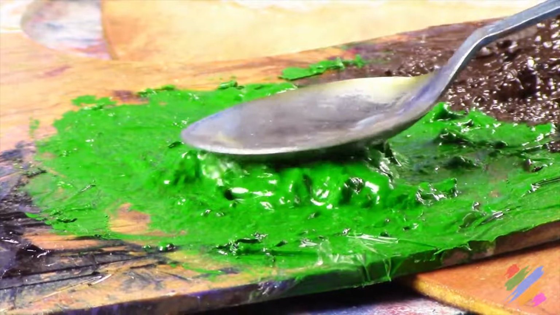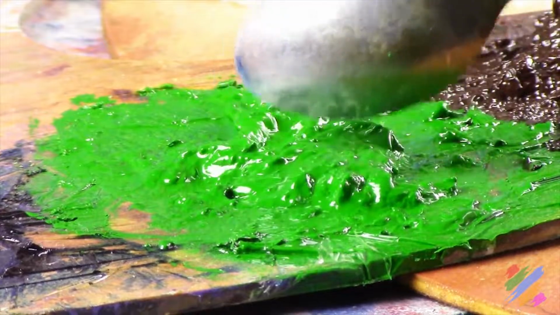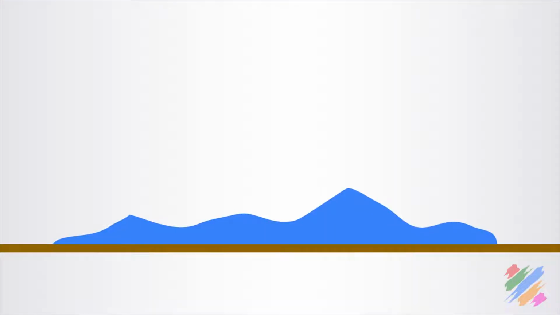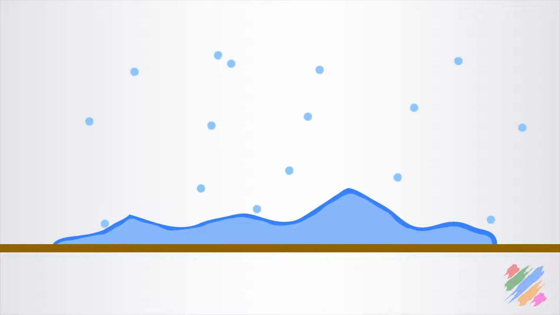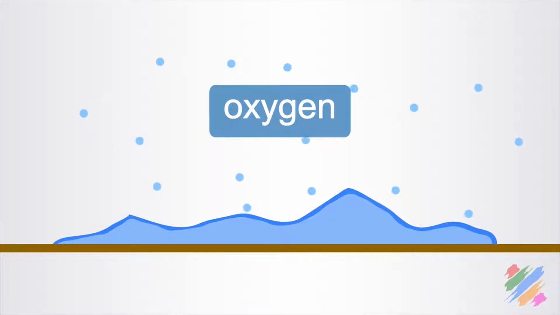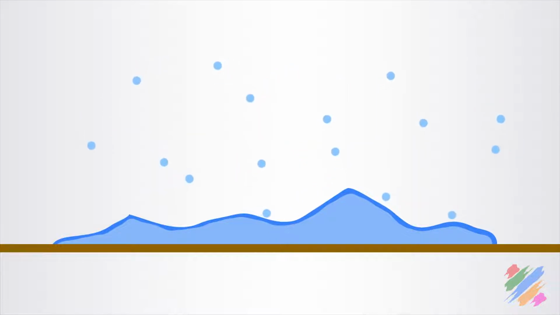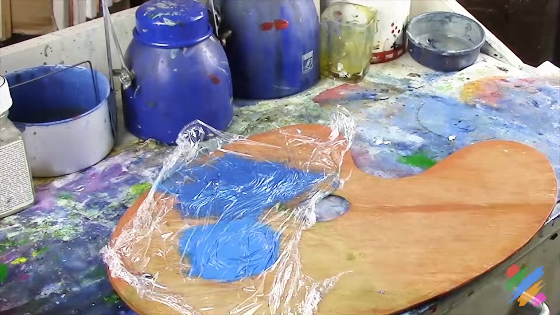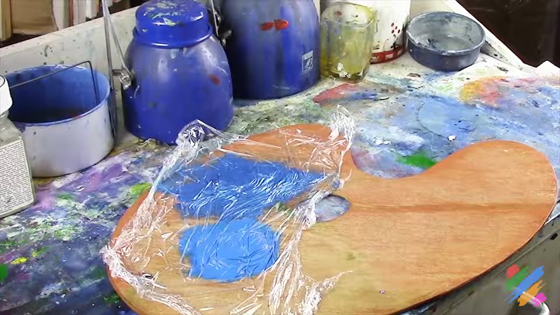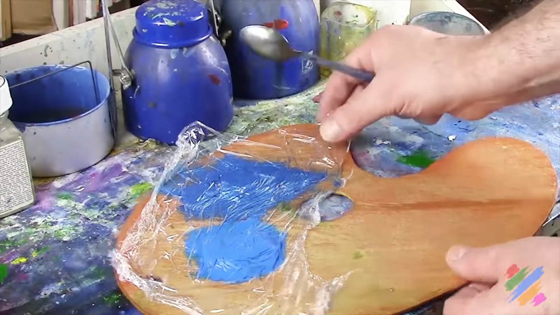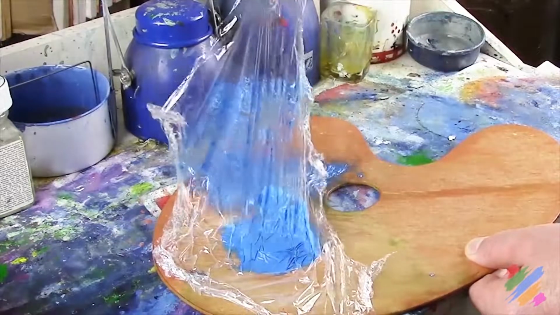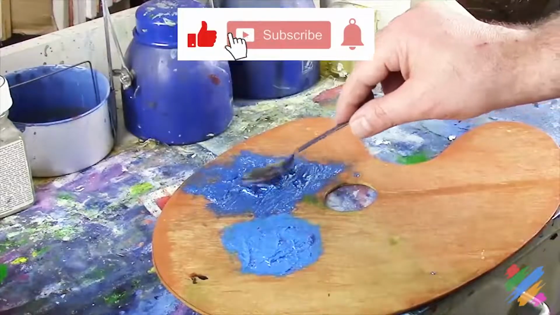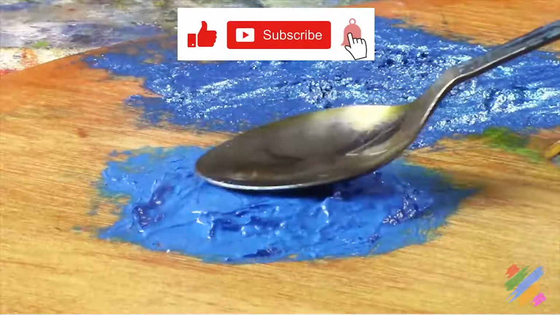There is something that we should notice, and it's that many colors have started the polymerization outside, but not inside. And this happened because the external side is in contact with a lot of oxygen, which is a basic component for this process. This is why, if we check the other palette that was also prepared 10 days ago and that we covered with some plastic wrap, we can see that both colors are still fluid.